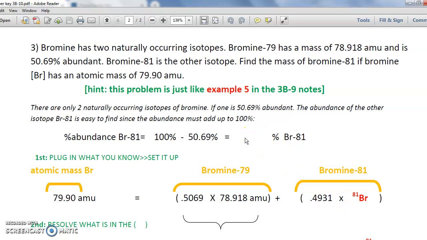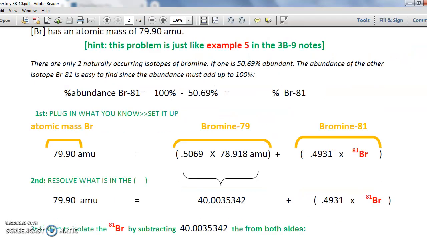So right here, we would write 49.31. We've got to convert that percent into decimal by dividing by 100, which is the same as sliding it to the left. If we take 0.5069 and add it to 0.4931, we would get 100%.